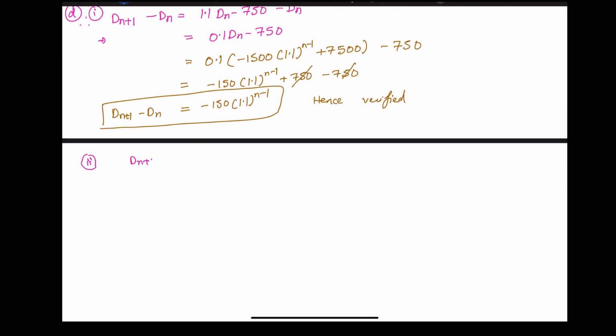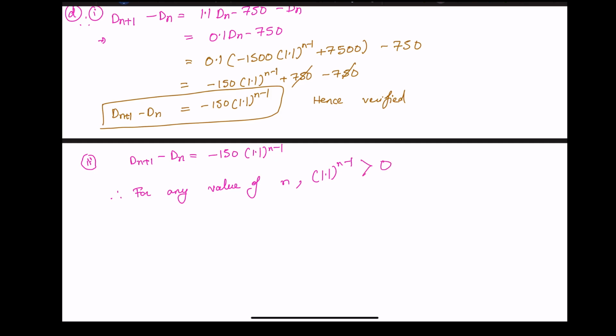So dn plus 1 minus dn is equal to minus 150 (1.1 to the power of n minus 1). Now for any value of n, 1.1 to the power of n minus 1 will always be greater than 0.